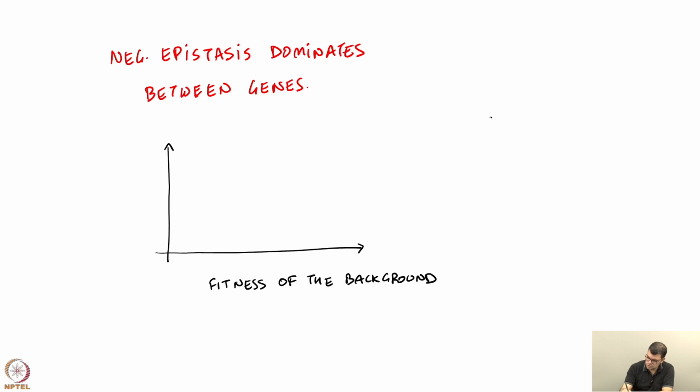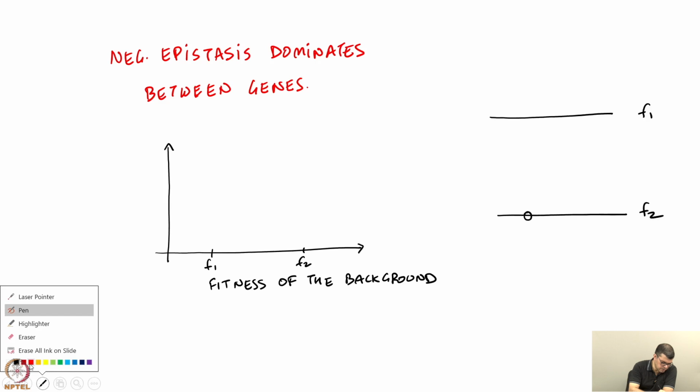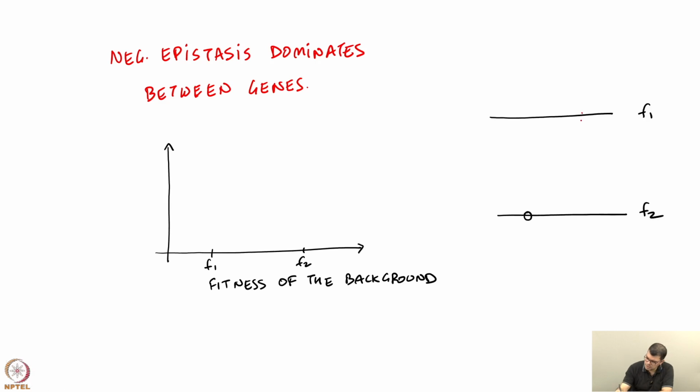So, let us say there are two backgrounds, this is one background and this is another background. This one carries one mutation, this fitness is F1, this fitness is F2, and on both these backgrounds the same mutation happens. Now, when this mutation happens, this is a beneficial mutation, and on the y axis we will say effect of mutation.